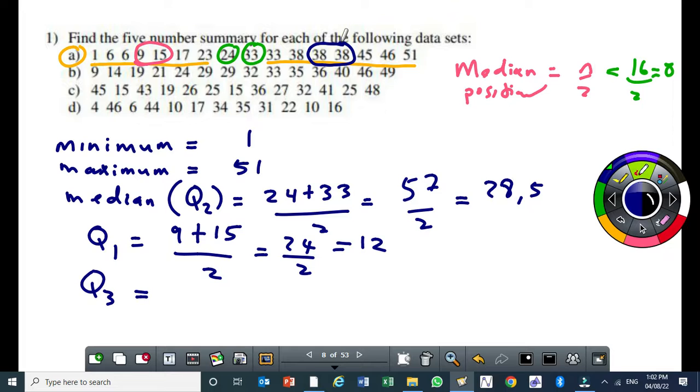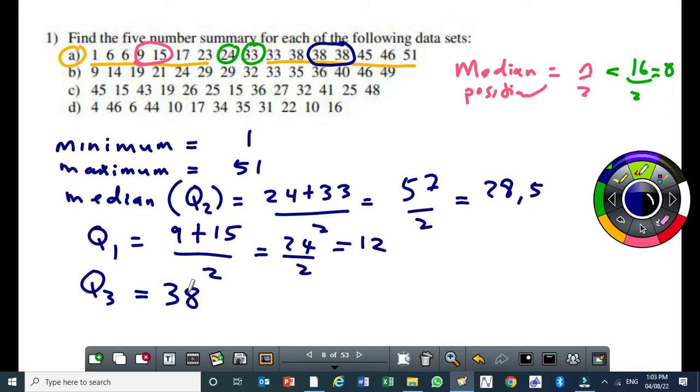Now, fortunately, the 4th value of the second half of the data set and the 5th, they are the same. Therefore, my Q3 is going to be 38. There's no need for a calculation because 38 plus 38 divided by 2 gives you 38. Are you following there? Right?